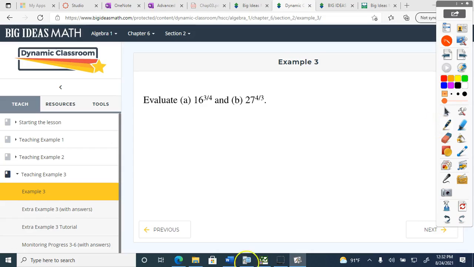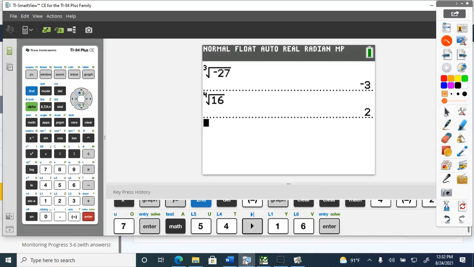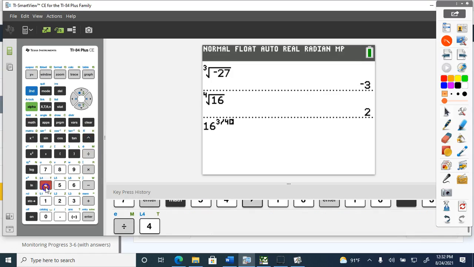Here we go. We got 16 to the 3/4 power. 16. Your exponent is this little arrow that's below the clear button. And it's to the what? 3/4. So you put 3 divided by 4, and then hit enter.